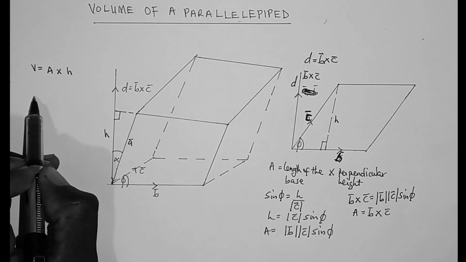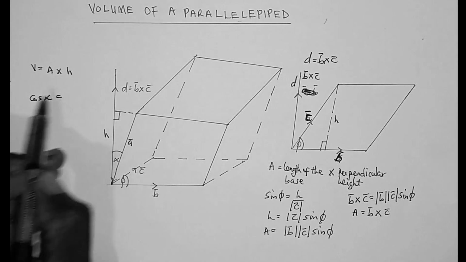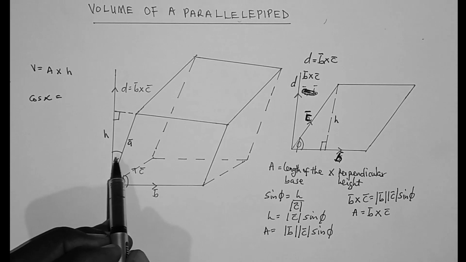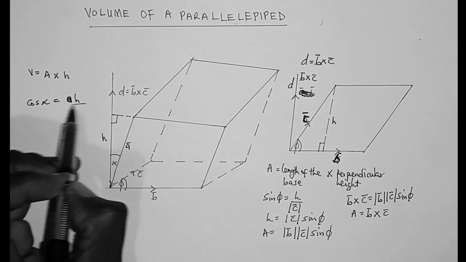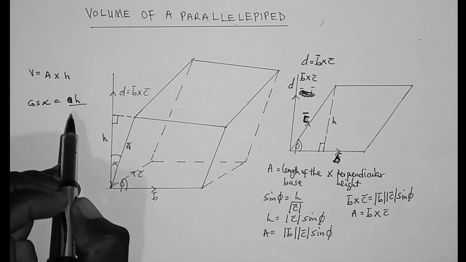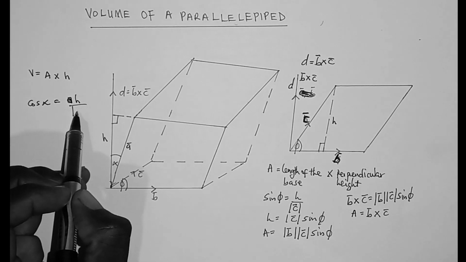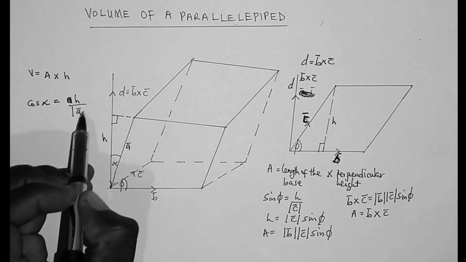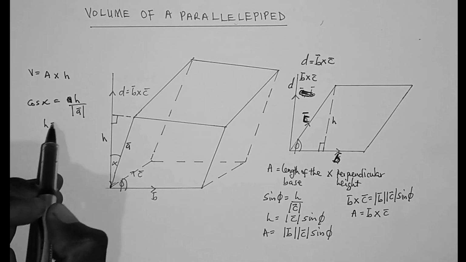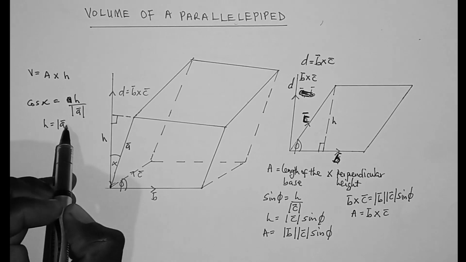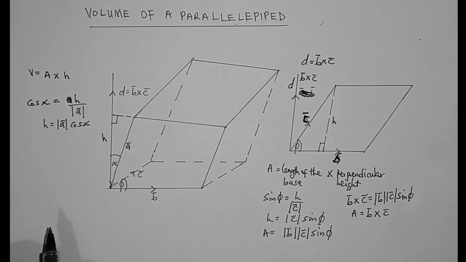What is left is to find the perpendicular height. Now, what is cos alpha? Cos is adjacent over hypotenuse. The adjacent is h divided by the hypotenuse, which is the magnitude of vector A. So making h the subject, h is equal to the magnitude of vector A cos alpha.